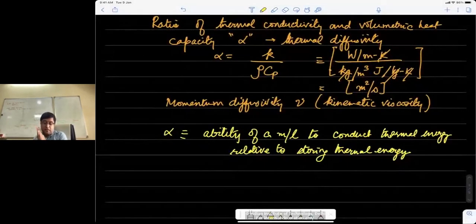If we have a material which has a high alpha, it basically means that the material, instead of storing, is actually converting that into transport by conduction.